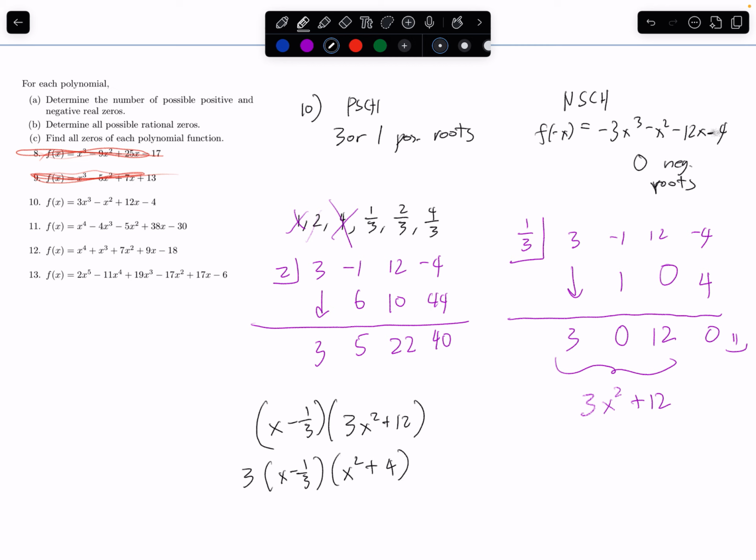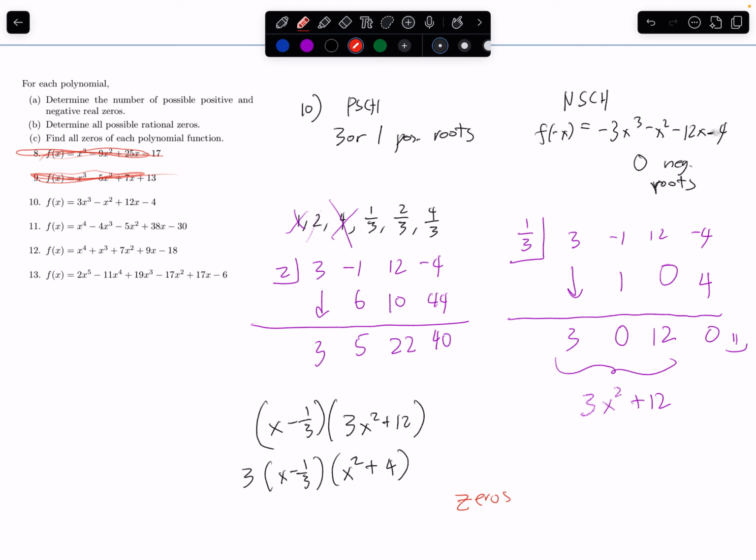So that means 2i and -2i are my missing roots here, because x plus 2i times x minus 2i is equal to x squared plus 4. If you don't believe me, just multiply it out.